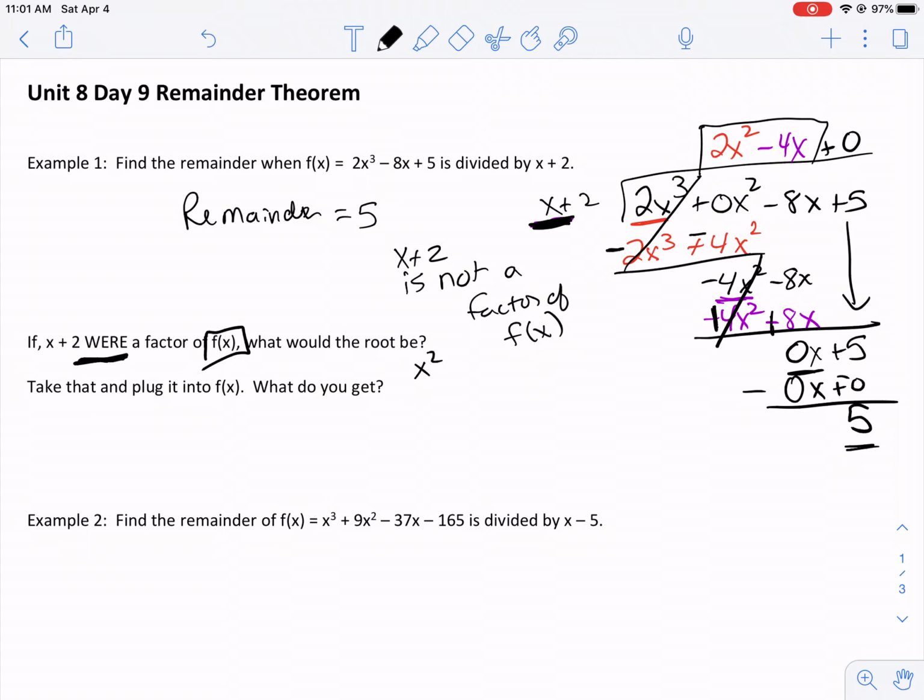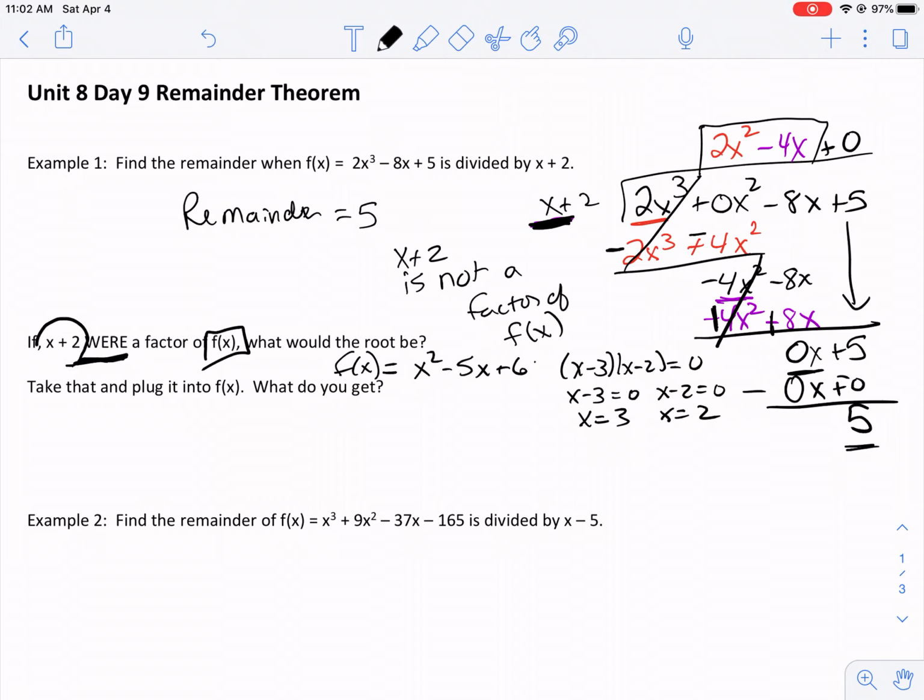Well, if you had a function like x squared minus 5x plus 6, we'll say f of x, to find the roots, if you go way back to the quadratics, you would factor it and set each factor equal to 0. And when you solve those, that means 3 and 2 are your roots. So if you're ever told that x plus 2 is in fact a factor, then the root is merely setting that factor equal to 0 and solving, and the root would be negative 2.